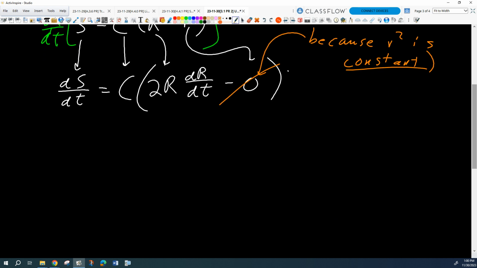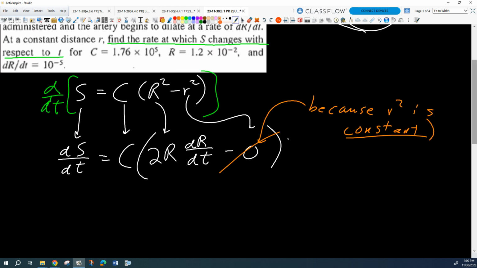Okay, so then there's our equation. We wanted to solve for ds dt. Well, we can just plug in all that information that we know now. So we end up with ds dt, we'll just call it s prime, equals 2c r r prime. And we actually know all that stuff.